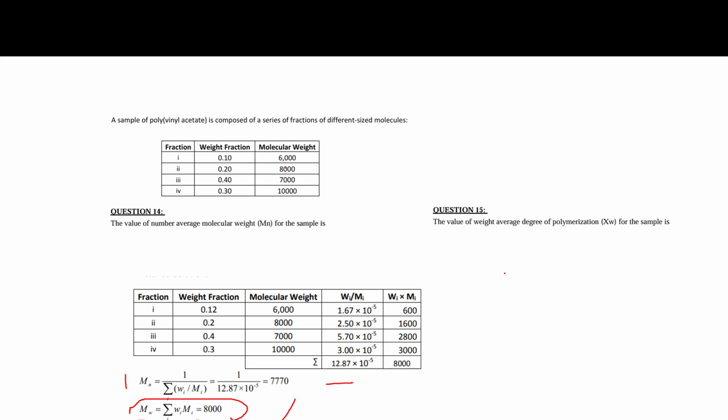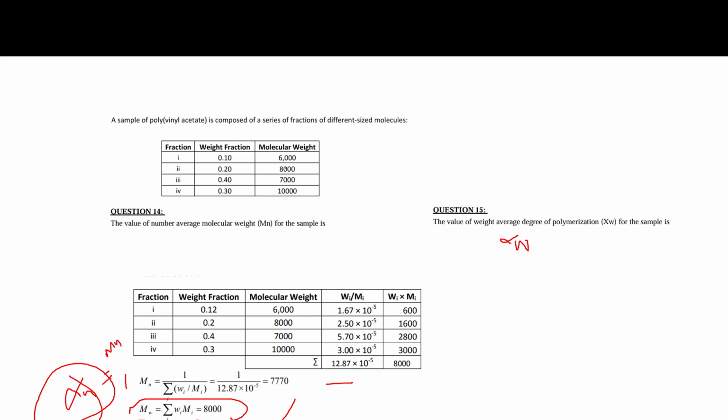So xw is the degree of polymerization related to the weight average molecular weight. Also we can calculate the number average degree of polymerization. To calculate that xw, we need Mw, the weight average molecular weight, not the number average molecular weight. So to get the degree of polymerization, xn will be Mn by M0.